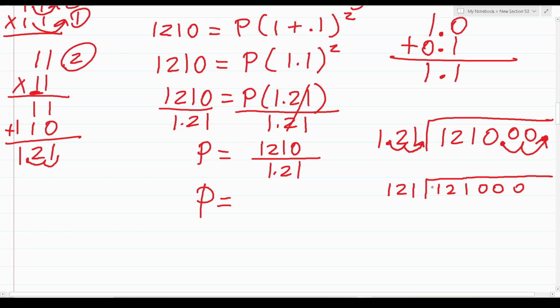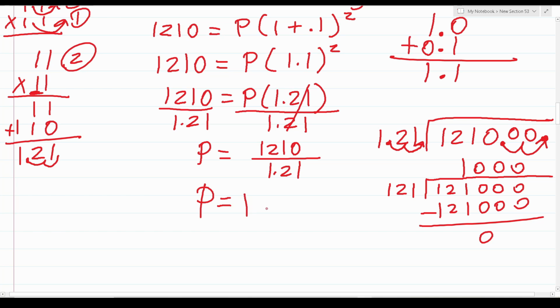Well, this math is actually pretty easy to do. 121 goes into 121 one time. And now all we have to do is bring up these zeros. So we're going to bring up this 0, and this 0. So 121 times 1,000 is in fact 121,000 with no remainder.